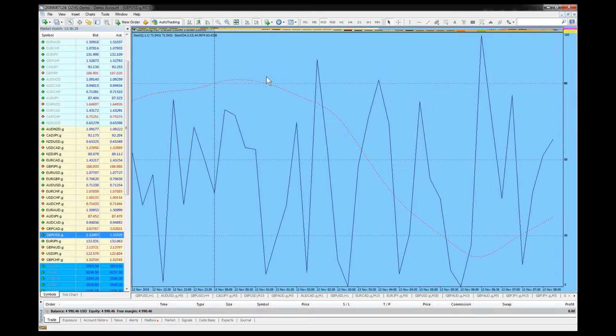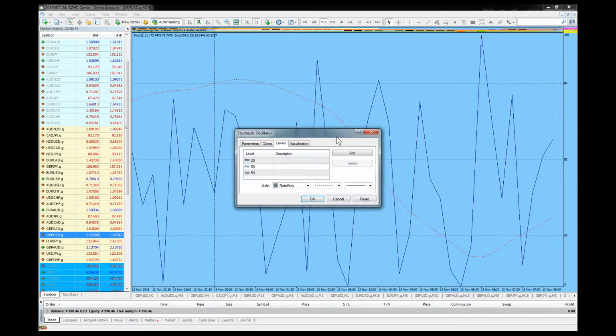What we have here are two separate stochastics on the chart. This one is set to 2, 1, 1, and I'll move that out a little bit, but for now I wanted the real dramatic setting so you could see the idea here. I made these levels gray. You can make them whatever color you want. That's the 20, the 50, and the 80.